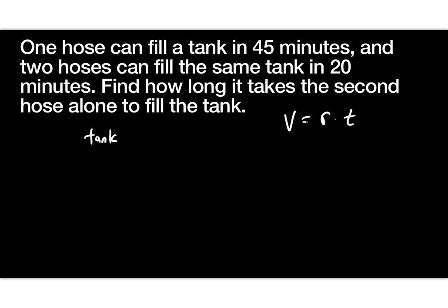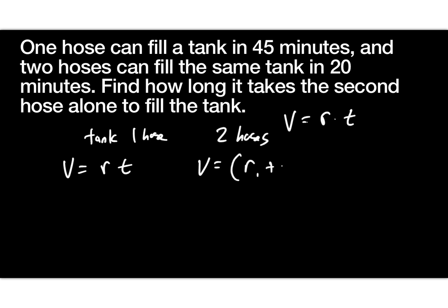So tank 1 time, it's going to be 1 hose. So the volume equals just the 1 rate times time. So this is 1 hose. With 2 hoses, it's going to be volume, why don't I put parentheses, equals rate 1 plus rate 2 times time.